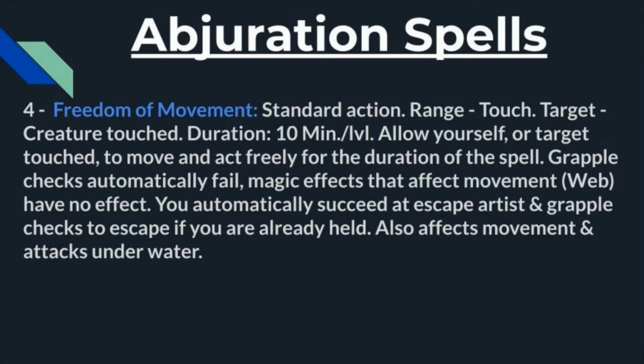You automatically succeed at Escape Artist and grapple checks to escape if you are already being held, considering that grapple checks otherwise automatically fail against you. This also affects your movements and ability to attack underwater, allowing you to do so freely without being impeded, as you normally would be. So, if you didn't know why you would want this spell beforehand, now you do.